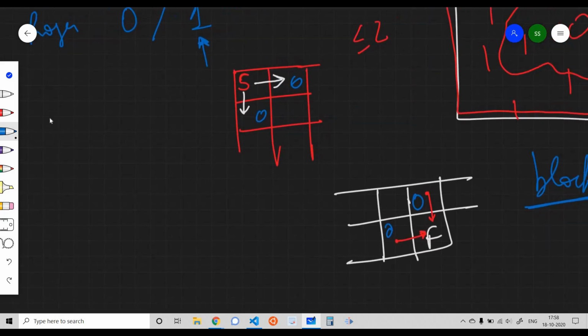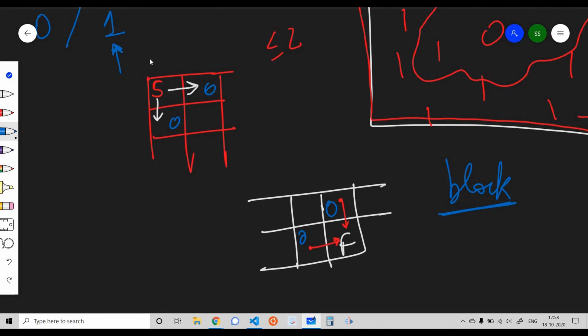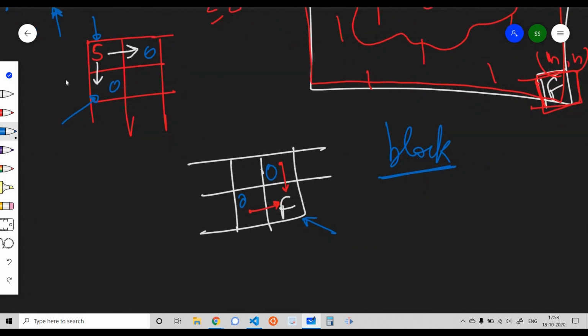So what we want to do, let's say this is the entry point and this is the exit point, is block one of those. What we can do is convert these cells into 0 and these cells into 1, or vice versa. Let's say we are converting these cells into 0 and these cells into 1.